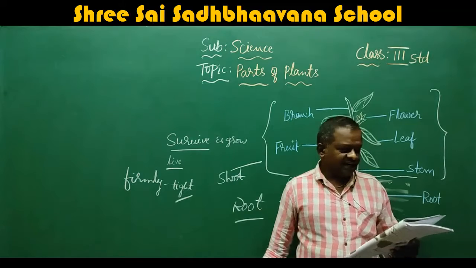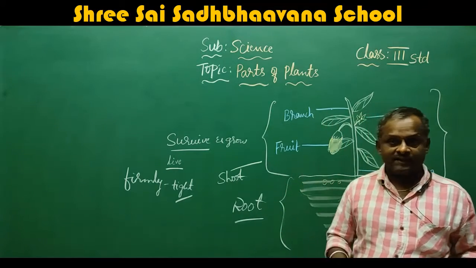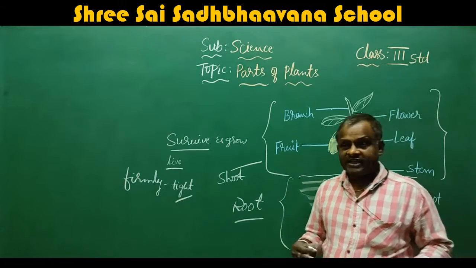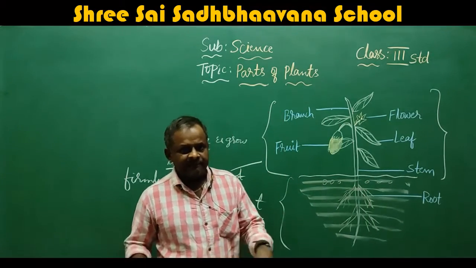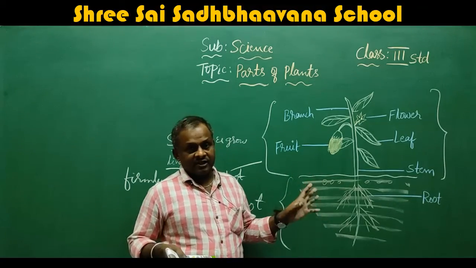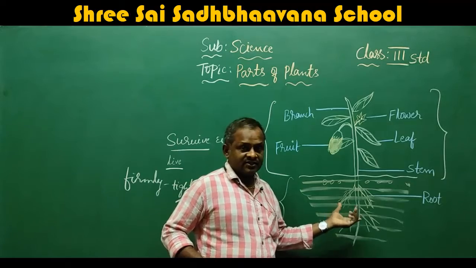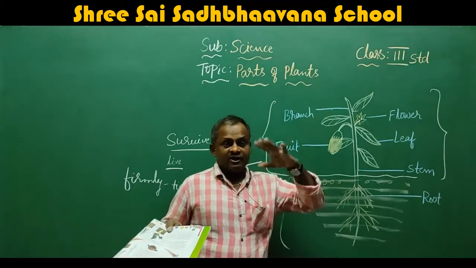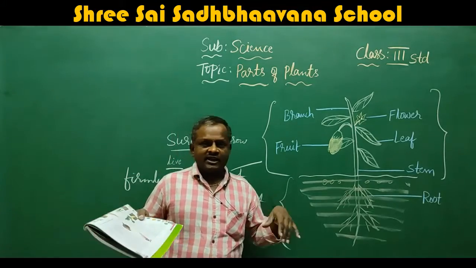It holds the soil and prevents it from being washed away, to avoid soil erosion. That means when the rain falls, the soil will be washed away. To avoid that, we need to plant more plants. For that reason, in hilly areas they grow forests to avoid soil erosion.